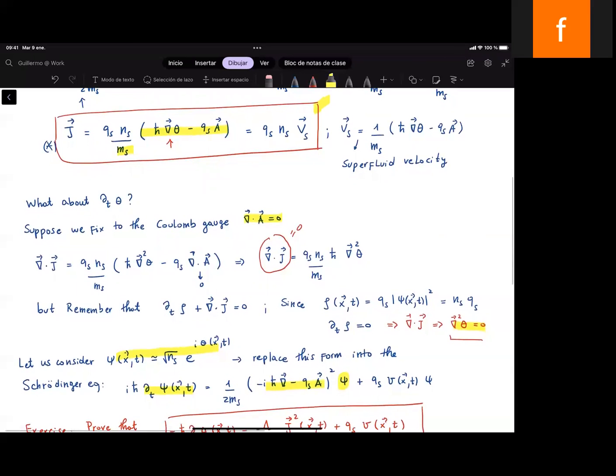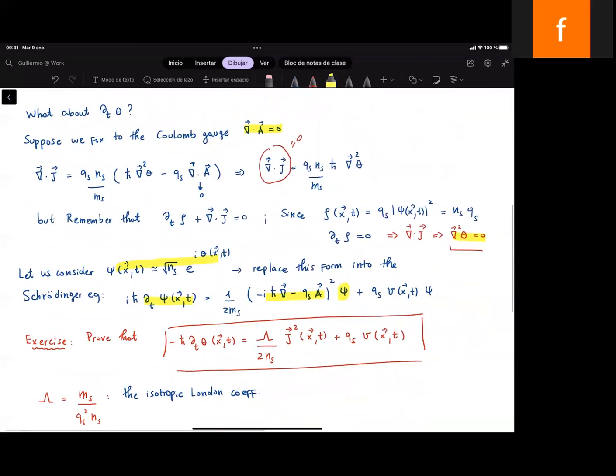But here, if we plug in the microscopic wave equation, assuming we have a homogeneous superconductor, then what we see is the partial derivative with respect to time of the phase is what?